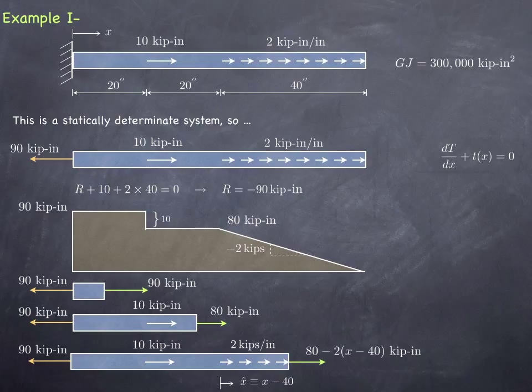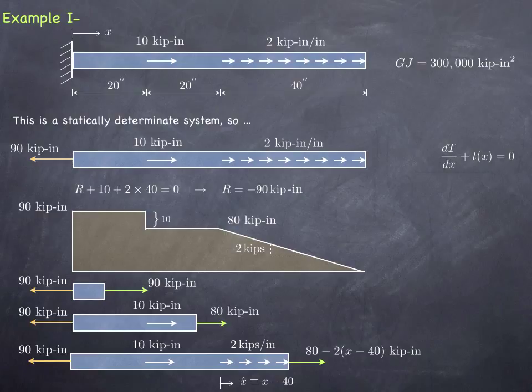And then determine what the internal torque is at the right hand side, and I can do that by simply evaluating the equilibrium about the x-axis, and that formula ends up being 80 minus 2 times (x minus 40) kip inches.